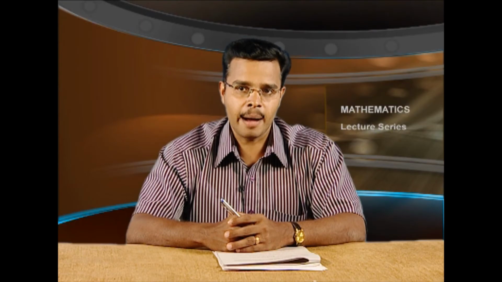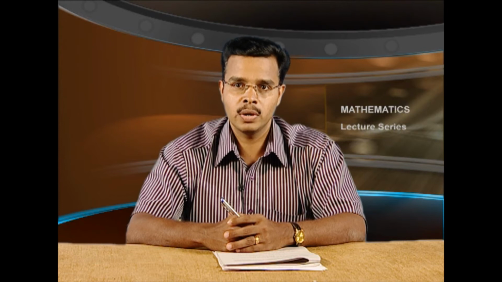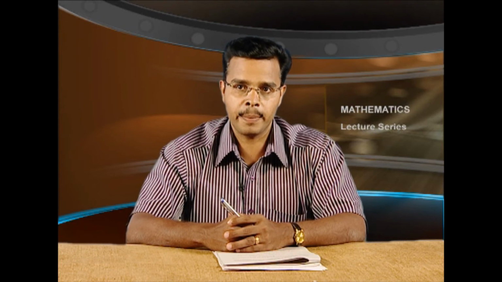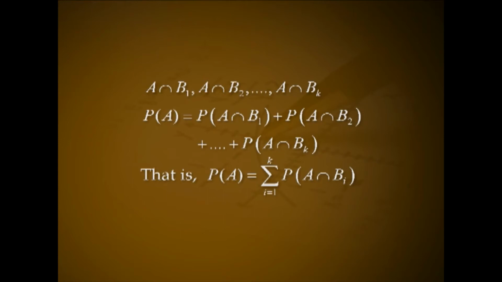Since A can happen if and only if one or the other of a set of mutually exclusive events B1, B2, etc., Bk happens, where B1, B2, etc., Bk are mutually exclusive, A can happen only through any of the k mutually exclusive ways A intersection B1, A intersection B2, etc., A intersection Bk.